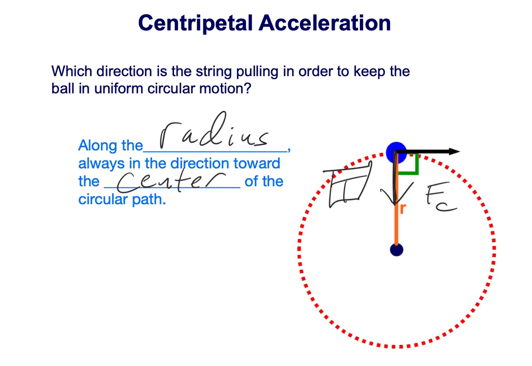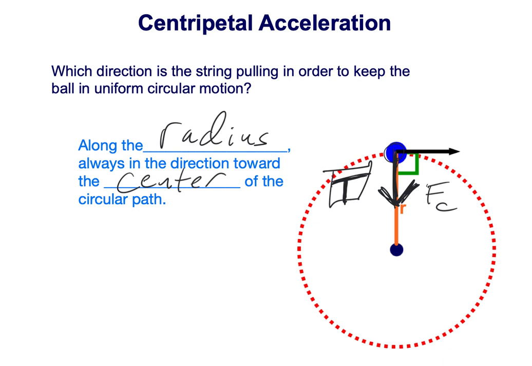Okay, so what direction is the string pulling in order to keep the ball in uniform circular motion? Well, it has to be pulling towards the center of the circle, or else the ball would go off on a tangent. Okay, we call that force, in this case, if it's a string, we call that tension. That's the force of tension.